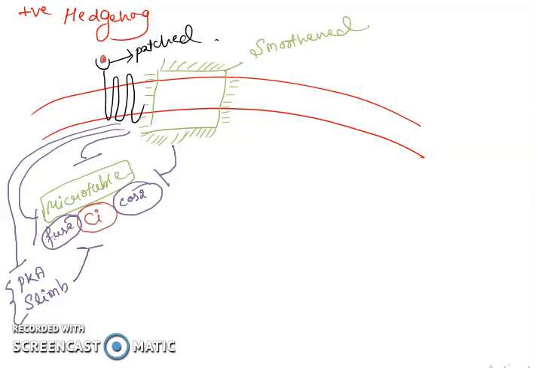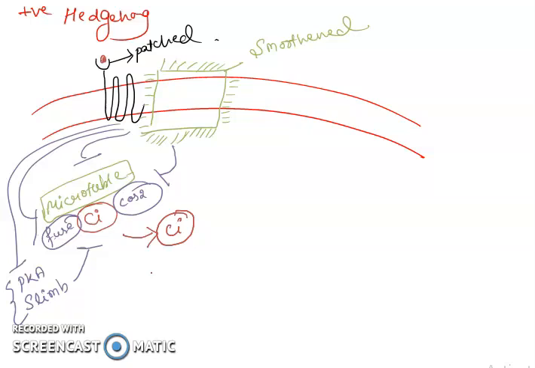Now when these are all inhibited, they cannot perform their work, so they will leave the CI in a free state. Now the CI is free, as the work of COS2, Fused, microtubule, PKA and SLIMB is inhibited by the Smoothened. When the CI is in free form, it will work as a transcription factor.